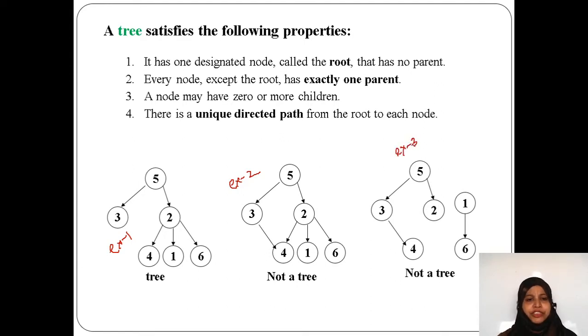What is the first condition whenever we are going to check whether the given nodes form a tree or not? First, it has only one designated node called the root node. In this case, 5 is there, only one node is there, so it satisfies the tree property. It has only one node, so it also satisfies the root node property.